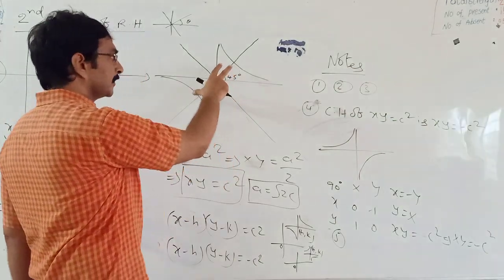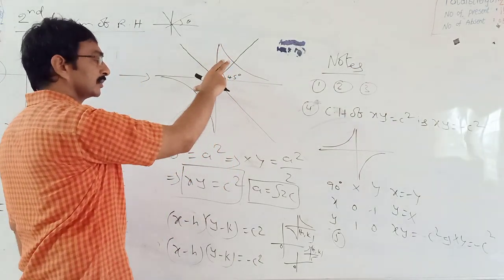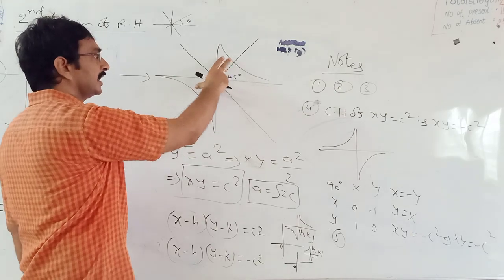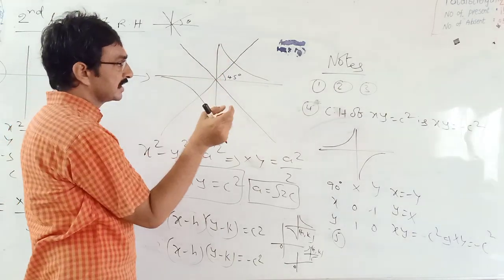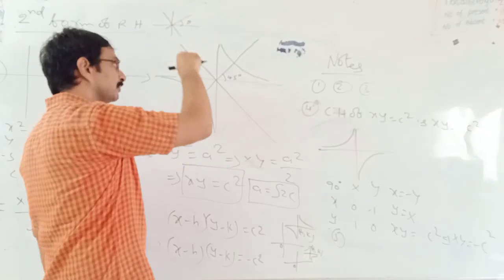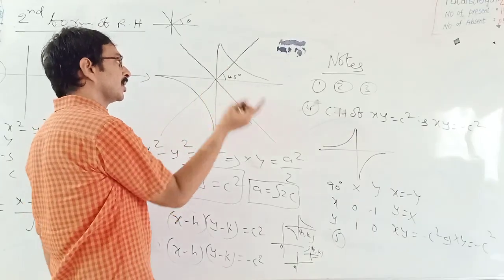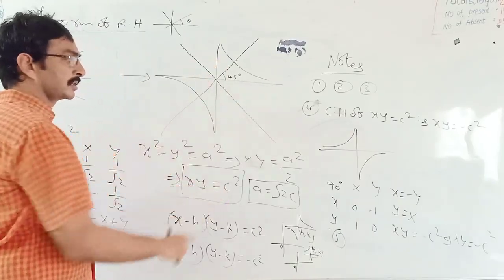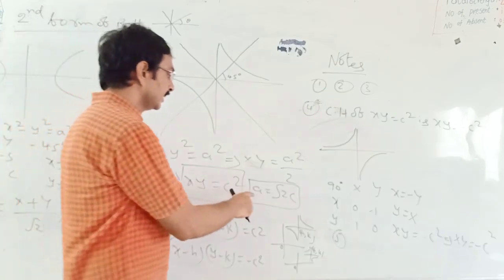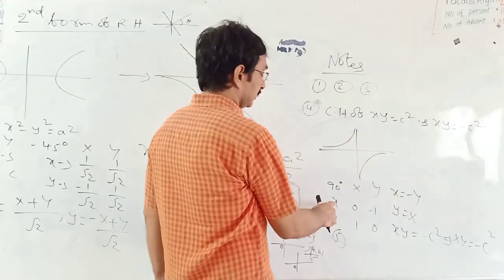Therefore, if we rotate this one through 90 degrees in anti-clockwise or clockwise direction, the resulting one is called the conjugate hyperbola of xy equal to c square. See, theta 90.